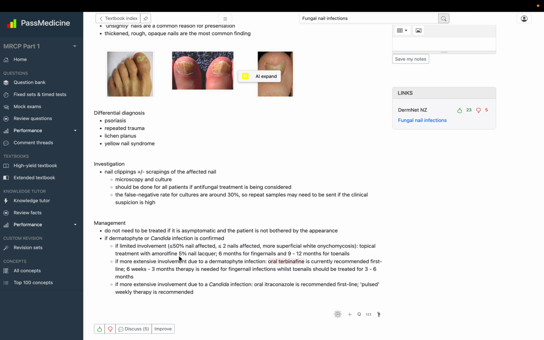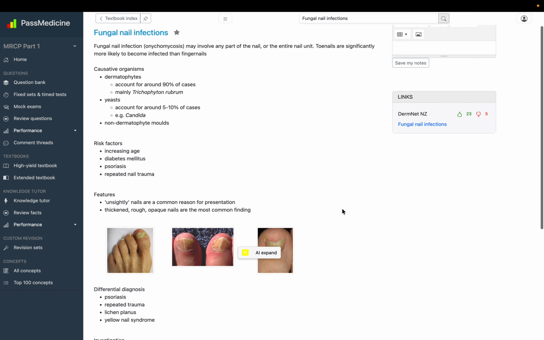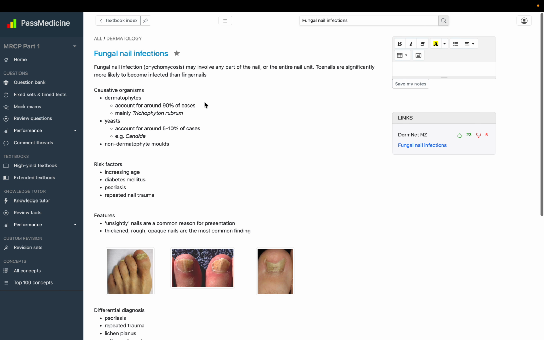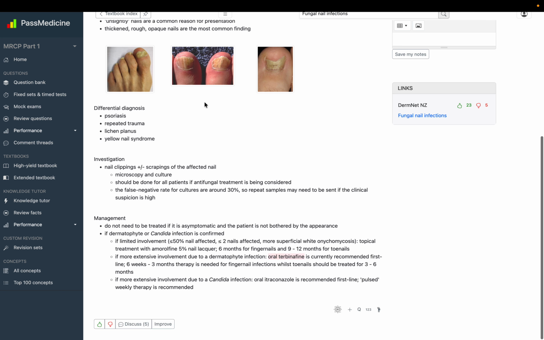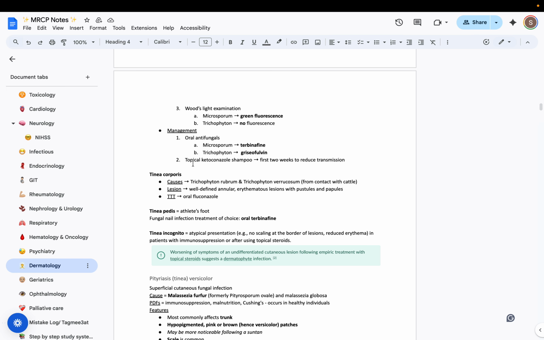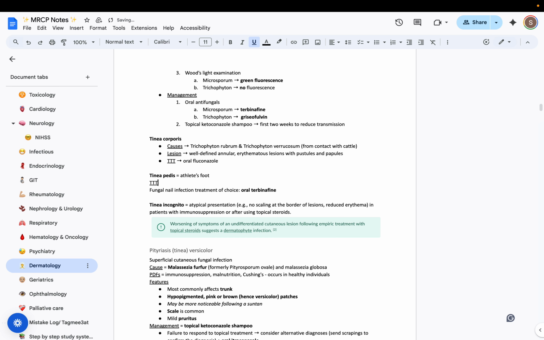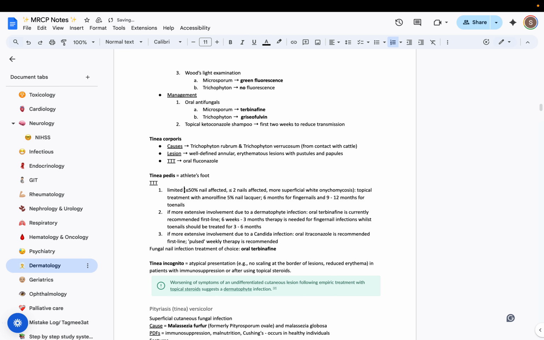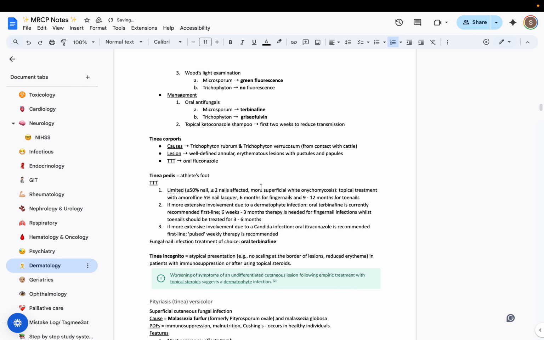If it's limited, topical amorolfine. What is amorolfine?